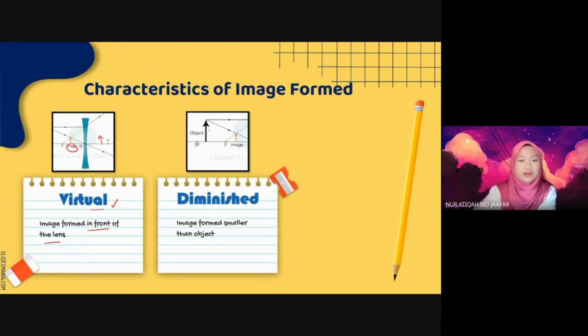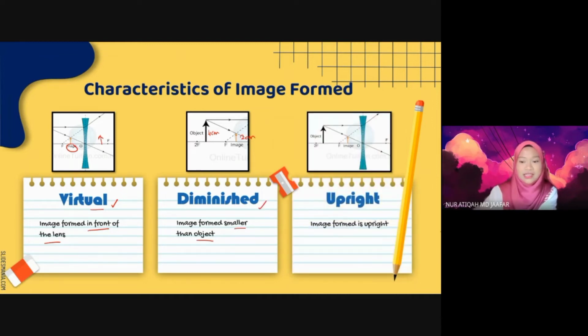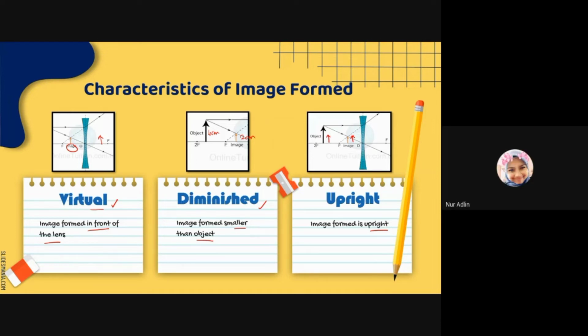For example, the object is 4 centimeters, so the image formed is 2 centimeters, smaller than the object. And the third characteristic is upright. When you sketch the ray diagram, the image and the object have the same direction, which is upright. So we can say that the image formed is upright.